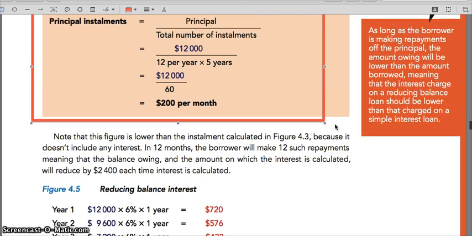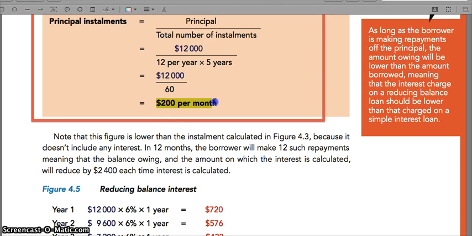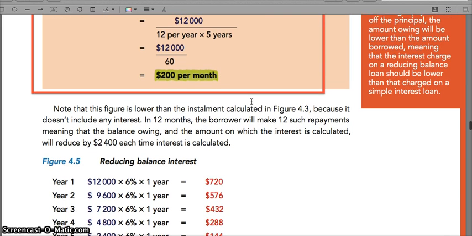Now we can notice that this $200 per month is a little bit smaller than the $260 per month that we calculated in figure 4.3. The reason for that is because this figure doesn't actually account for any interest. That's just paying the principal off.